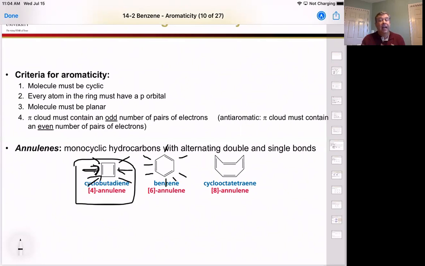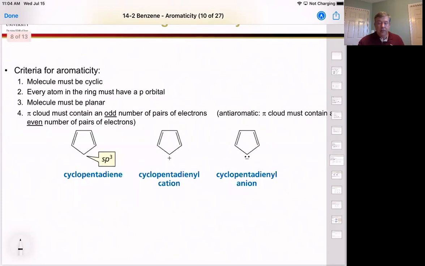So it is not planar, and therefore it doesn't meet the third rule of our system. It is cyclic, it has p orbitals on every single atom, but it's not planar. In addition, it also has a total of 8 pi electrons, which is an even number of pairs. So if it was planar, it would be anti-aromatic, but it's not planar, so it breaks 2 rules of aromaticity. Therefore, it is non-aromatic.